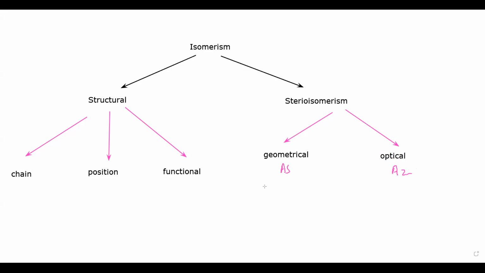And even this geometrical is further divided into 2 categories. One is known as cis or Z, another one is known as trans or E. That we'll discuss in the alkene topic. So the main definition of isomer: same molecular formula but different structure. That's called structural isomerism. And stereoisomerism, the geometrical one, we'll discuss in the alkene topic.